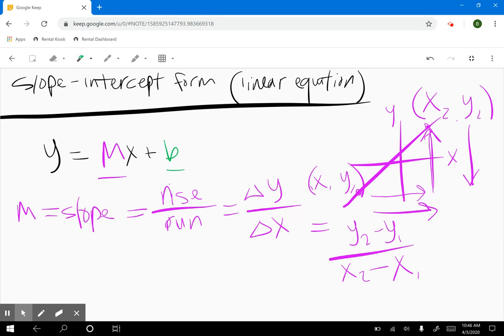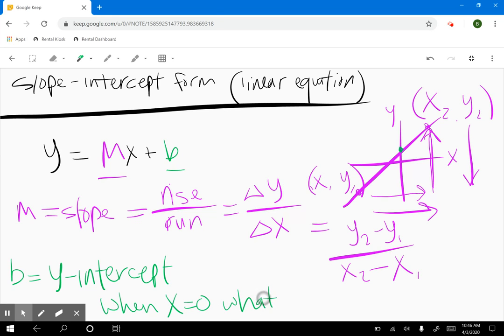The y-intercept, the b part of our equation, that's talking about where exactly on our graph does the line cross the y-axis. Another way to think of it is when x is 0, what's y?